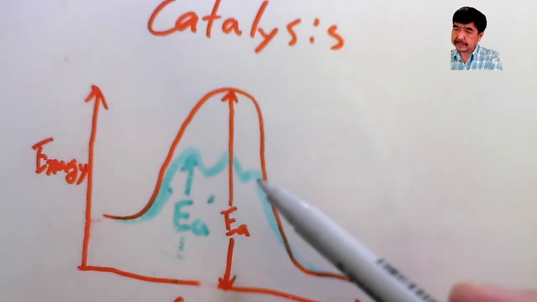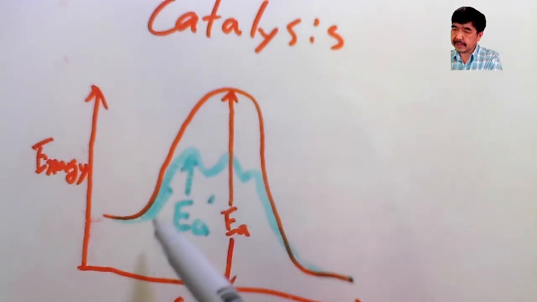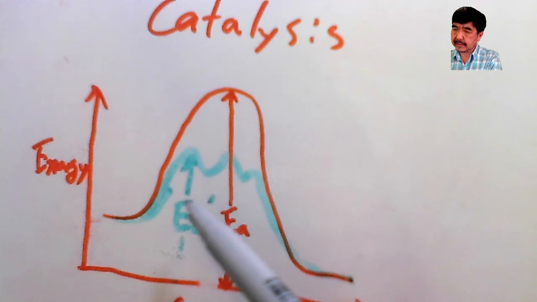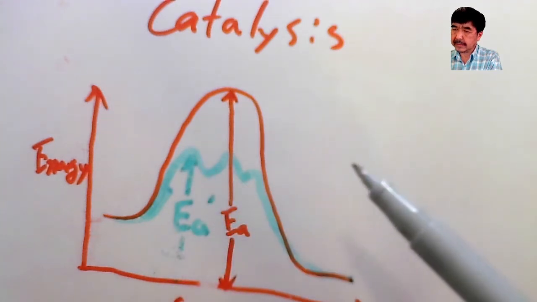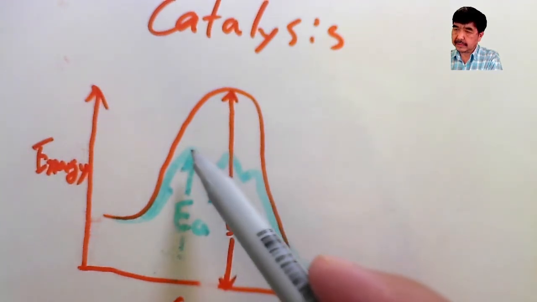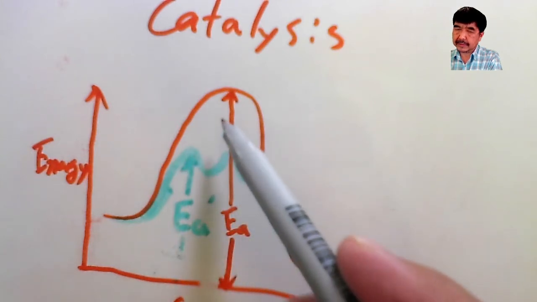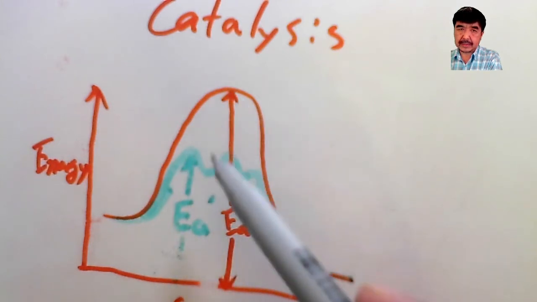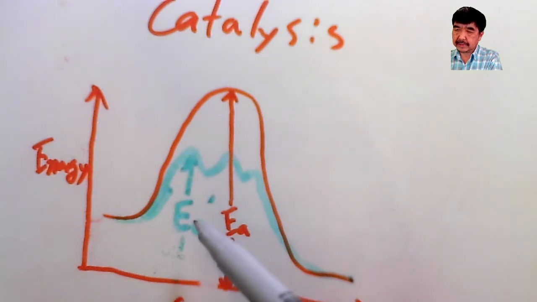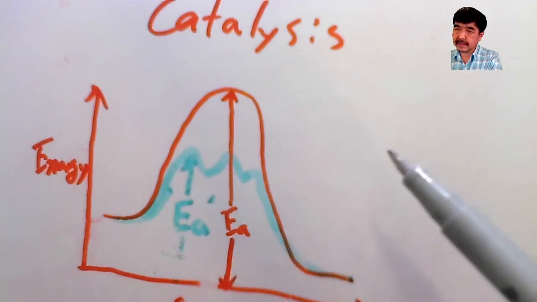That's what happens in catalysis. A catalyst reduces the transition state, so the activation energy required is much lower. Okay, that's what happened.